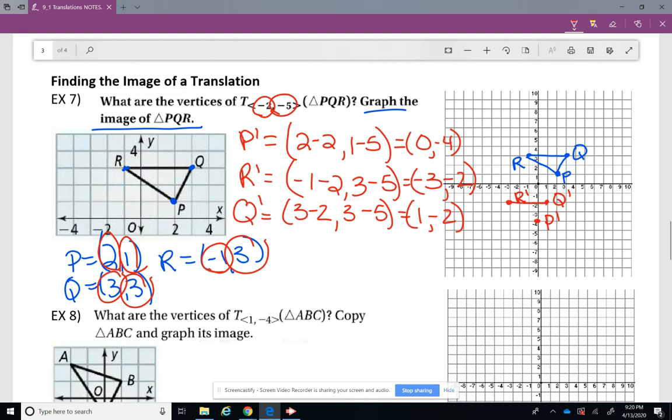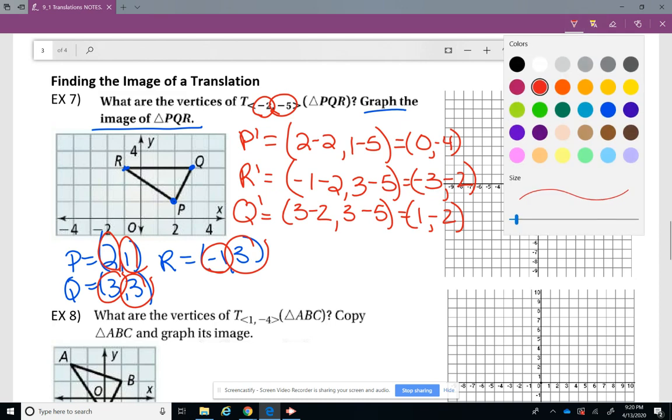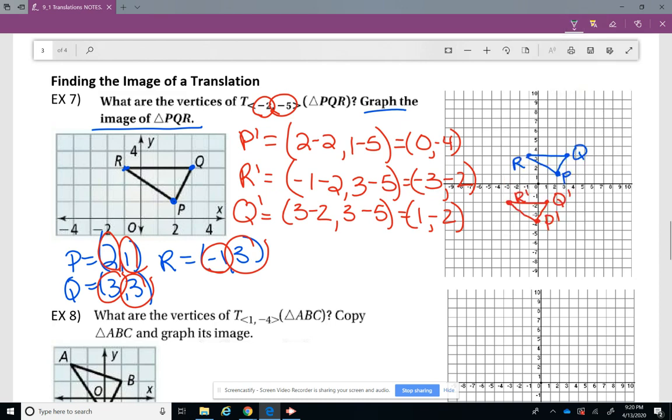Connect your dots. You just did a translation. Let's put what translation you did so you get used to doing this. Put capital T, negative 2, negative 5, and you did this to triangle PQR, and you ended up with triangle P prime, Q prime, R prime. That's what happened in green.